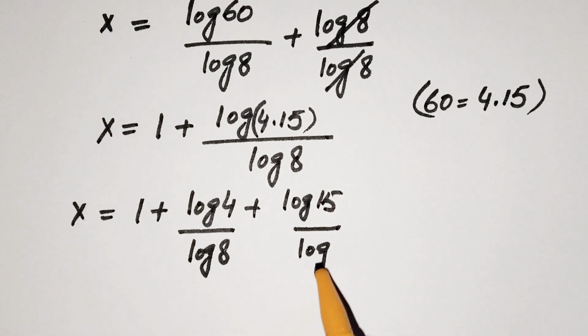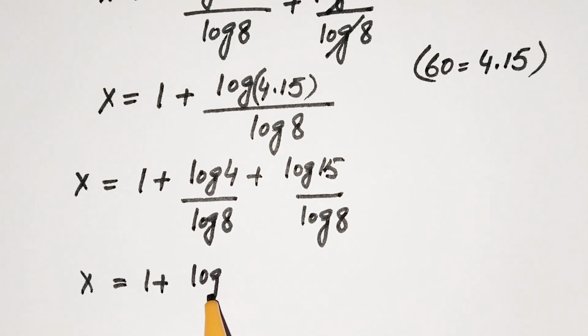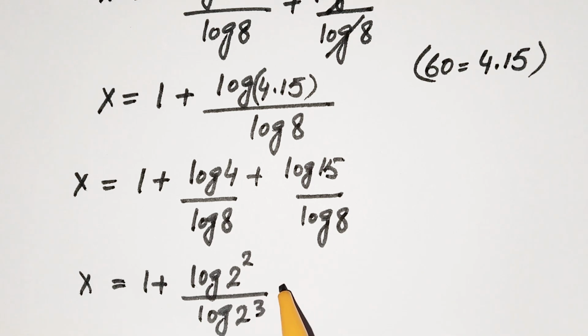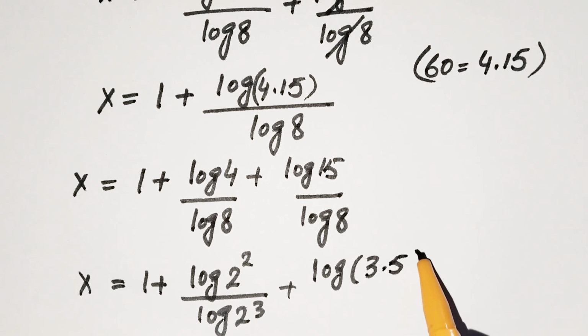Now x is equal to 1 plus log 4, which is 2 squared, all over log 2 cubed, plus log 15. We just write log 15 like that, 3 times 5, all over this log 8.